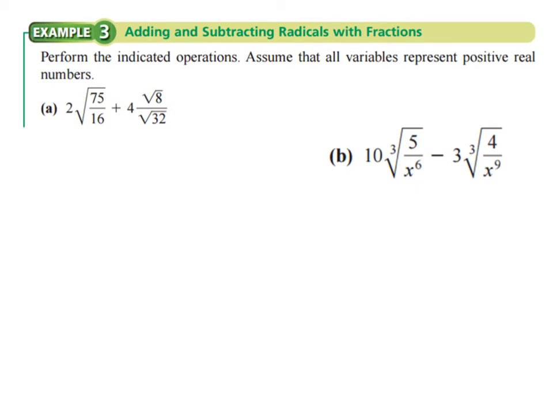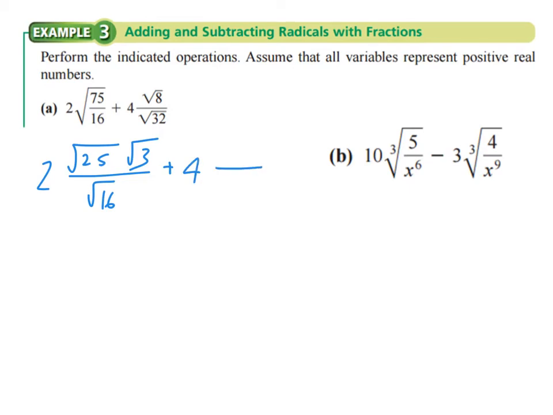Alright, here we're looking at, again, doing some adding and subtracting. We really need to work to simplify our radicals in example A here. So we can think of this as the square root of 25 times the square root of 3 on top, and just the square root of 16 in the denominator.